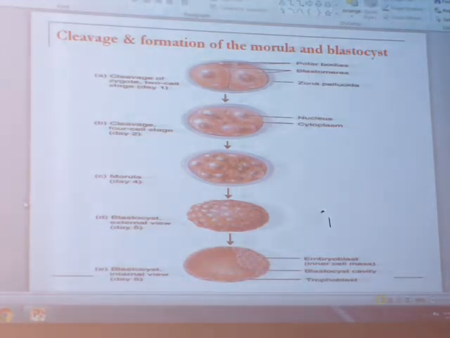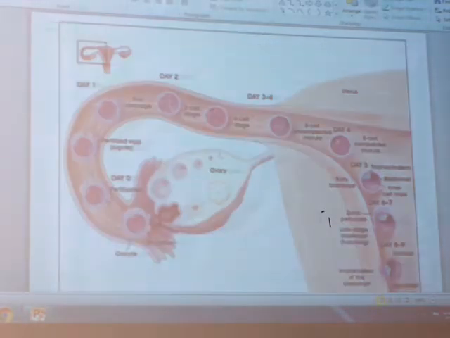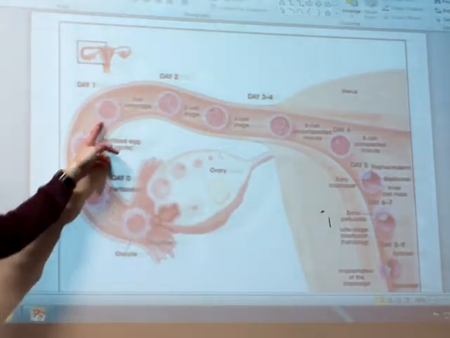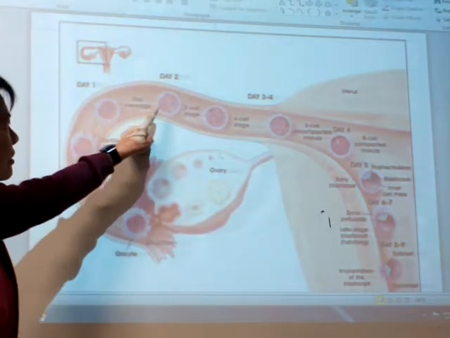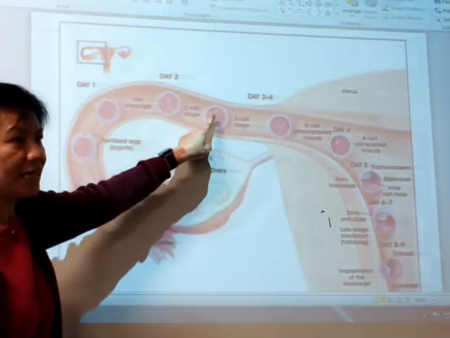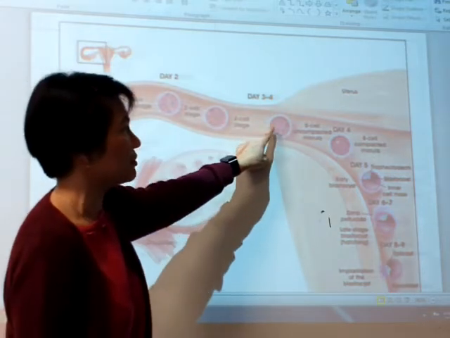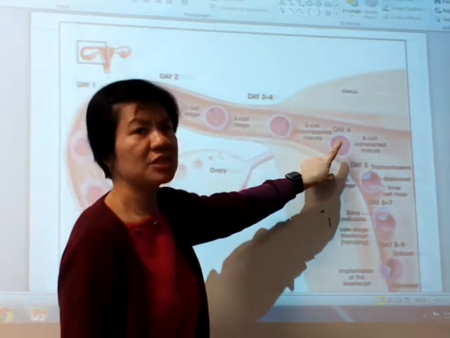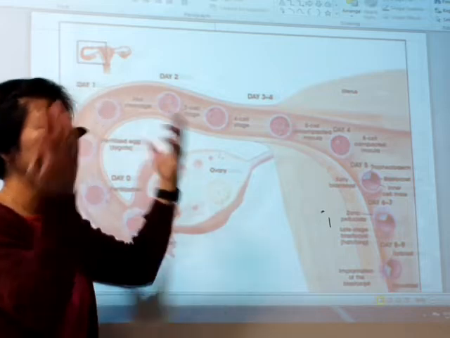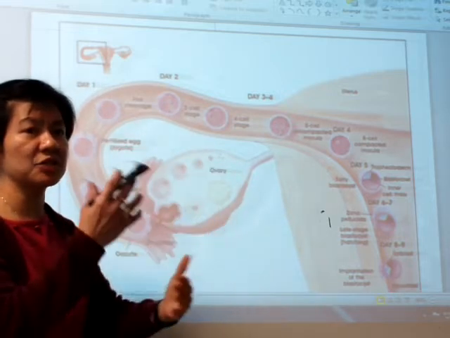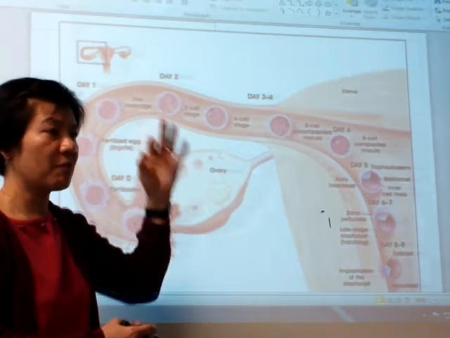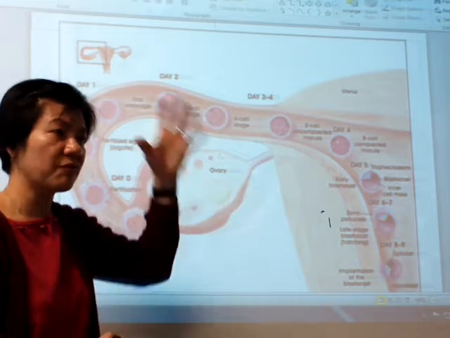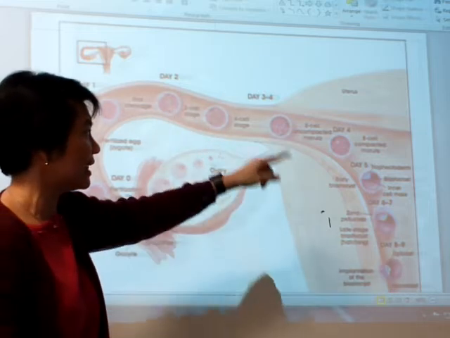I'm going to use this picture. Look at where, so this is where ovulation happened. And look, it didn't even implant yet, it's on its way to the uterus. What's going on with this baby? It's just a series of cell division, one after the other, from 1 to 2, 2 to 4, 4 to 8, 8 to 16.